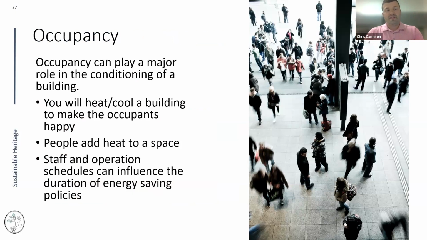When you look at your spaces, also understand occupancy is a major contributing factor to what happens in your environment. People add heat to their space as they're in there. We have seen a local museum where they were heating to about 72 degrees in the wintertime, and as an energy saving strategy, we asked them to back it down to 68.